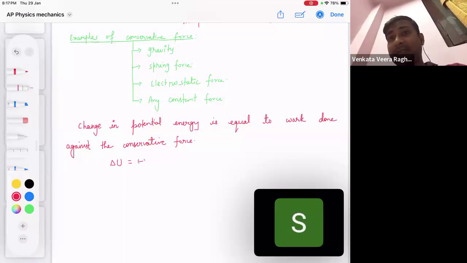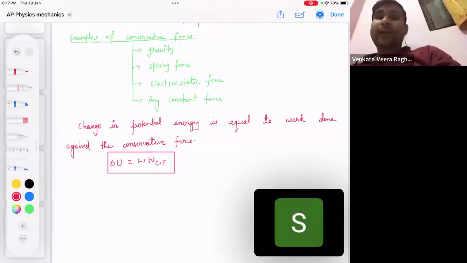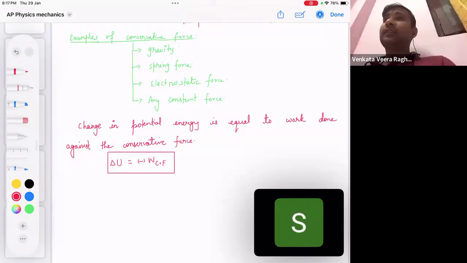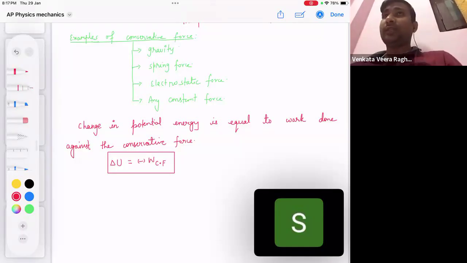Against means negative sign, so we can write it as negative of the work done by the conservative force. So if I can calculate the work done by the conservative force, let's say the work done by the conservative force is positive.